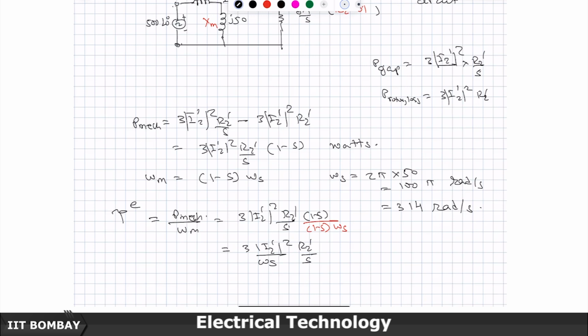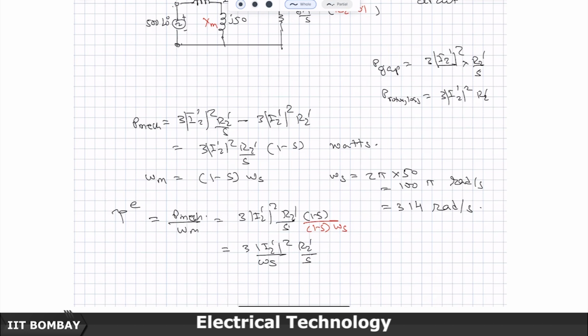Really speaking, that 1 minus S gets cancelled out, which is the important point I am trying to emphasize, and therefore the torque which comes out is 3 I2 dash squared by omega S times R2 dash by S.